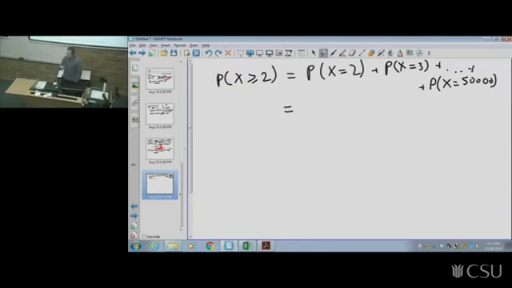So try to think opposites. What's the opposite of x is greater or equal to 2? That's less than 2. So x is less than 2. And how do you deal with probabilities when you've got opposite events? What's the formula for it?